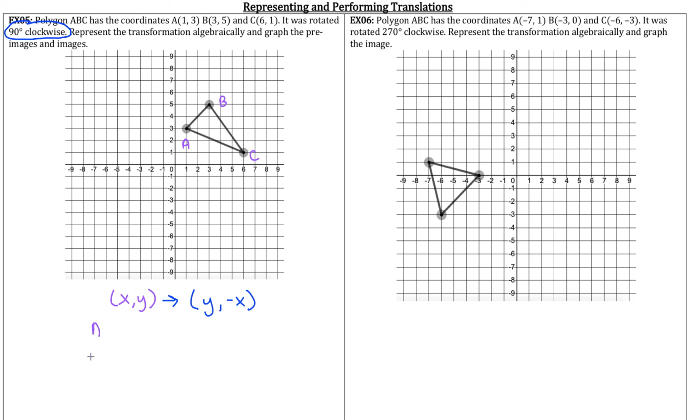So A was 1, 3. B is 3, 5. And C is 6, 1. And we will transform them. We will rotate them specifically.